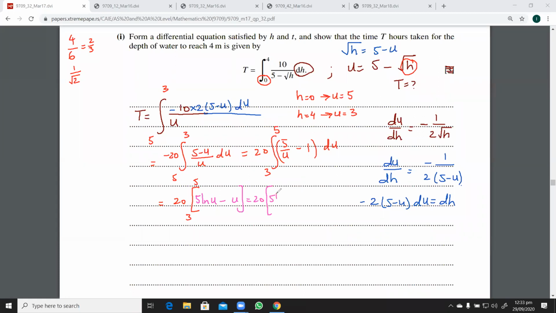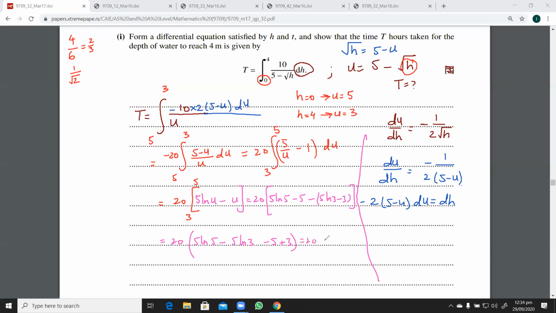This is 5 ln 5 minus 5, minus 5 ln 3 minus 3, and this is like this. Okay, so this is 20 into 5 ln 5 minus 5 ln 3, where minus 5 plus 3.